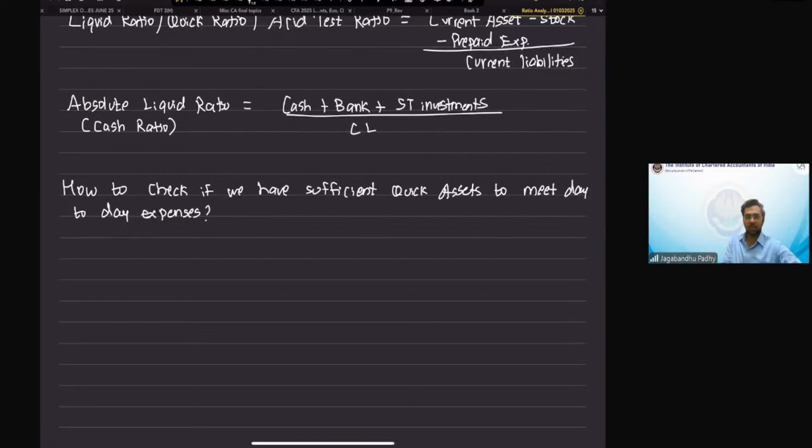So how are we going to check whether we have sufficient quick assets to meet the day-to-day expenses? How are we going to check that?